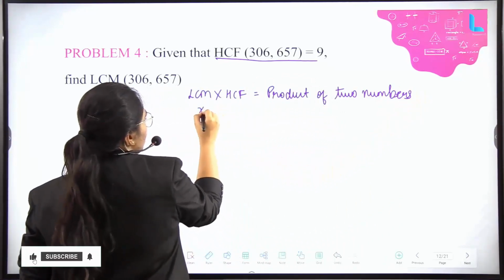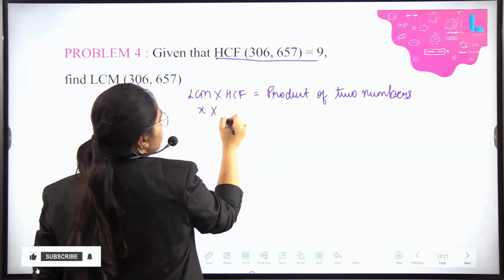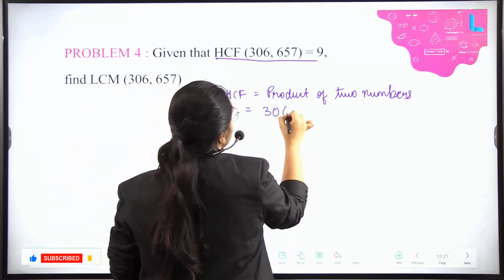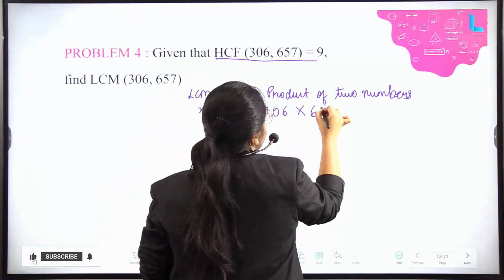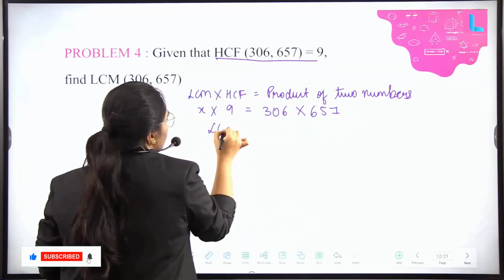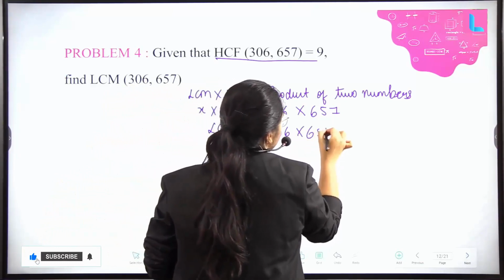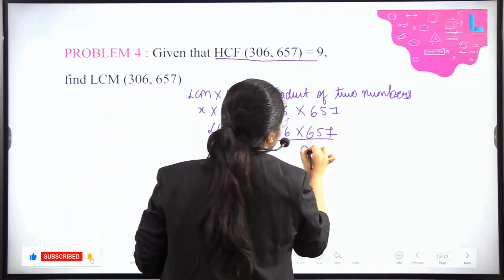So LCM we don't know. HCF is 9. Product of two numbers, that is 306 into 657. So LCM is equal to 306 into 657 divided by 9.